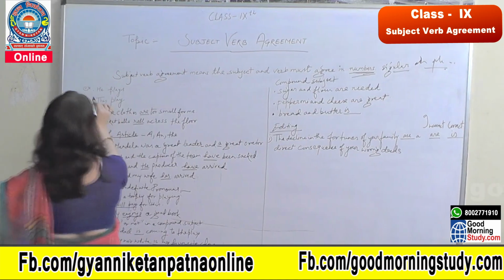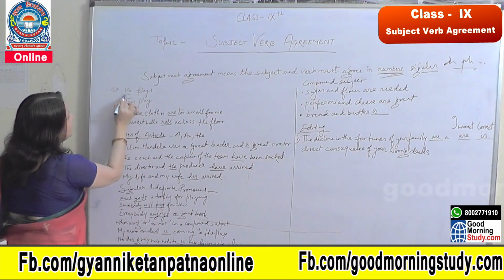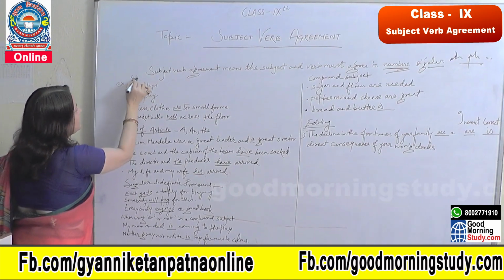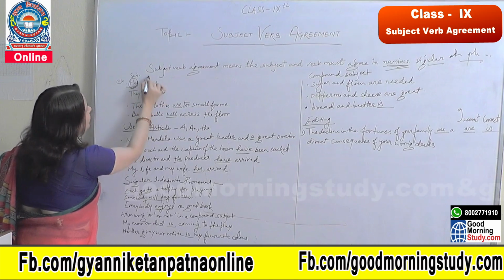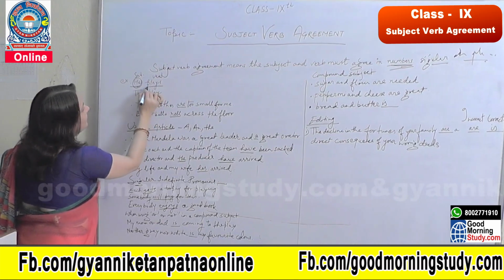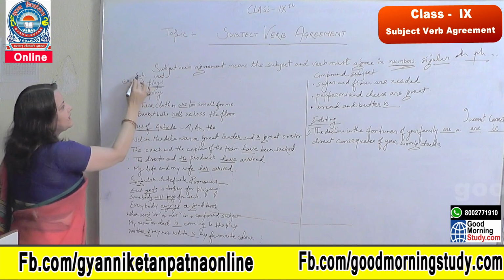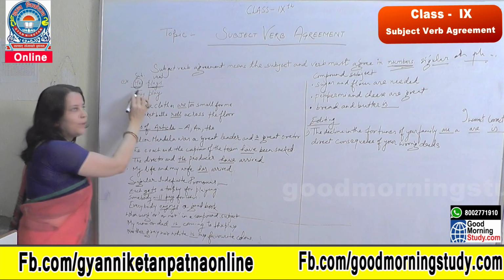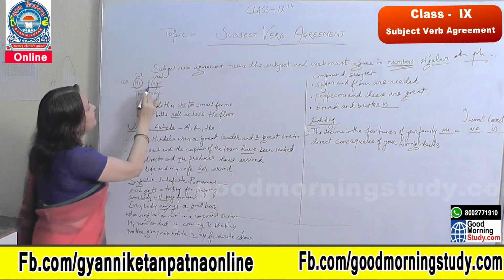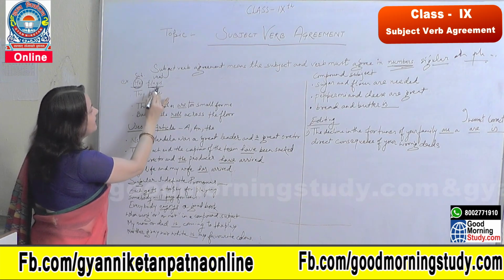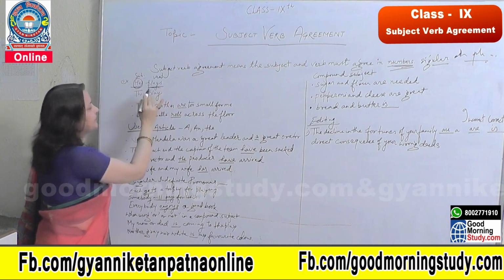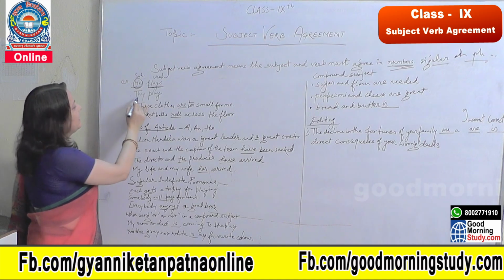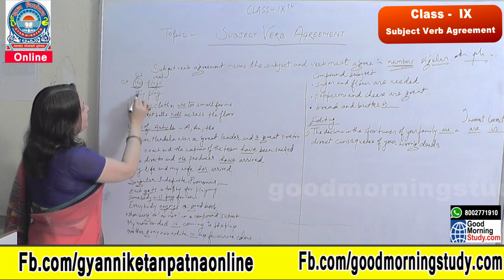Like here, for example, we will understand. Here the subject is he, and the verb is play. But the subject is one, meaning singular. We are talking about one boy. So here the verb will be plural. It will go plays. Similarly, in the second example, I have chosen the word they.